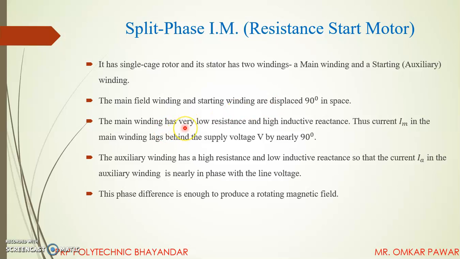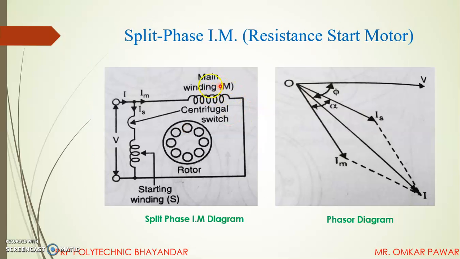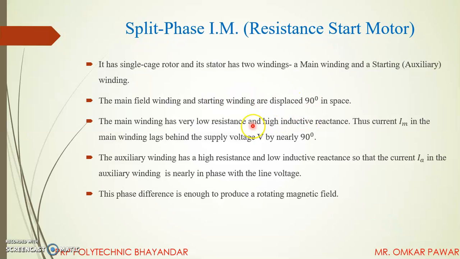The main winding has very low resistance and high inductive reactance. That is, the inductive property is high in the main winding. Thus, the current IM, that is the magnetizing current in the main winding, lags behind the supply voltage by nearly 90 degrees.